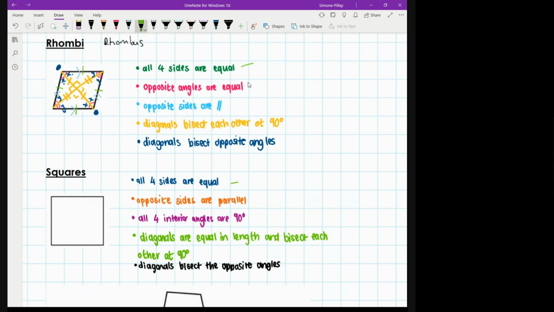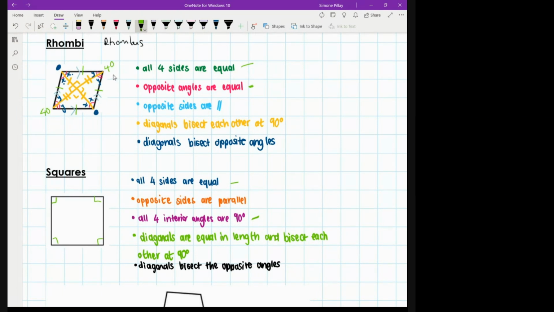Here, they've said that opposite angles are equal, but here, they've told me that all four interior angles are 90 degrees. So in my square, I have 90-degree angles in the corners. But in my rhombus, my angles may not be 90 degrees. For example, this angle over here might be 40 and this might be 40.